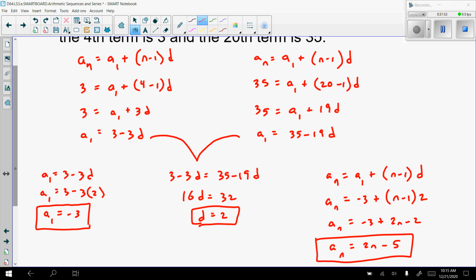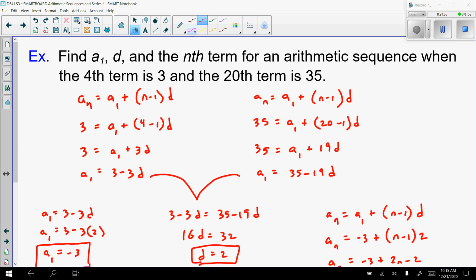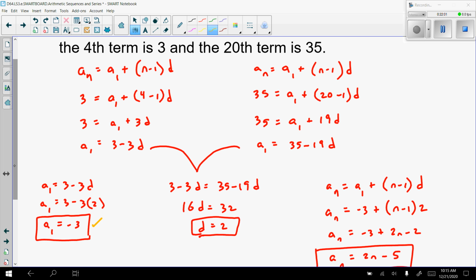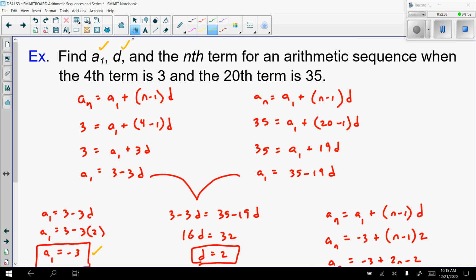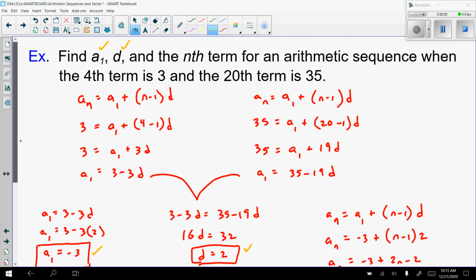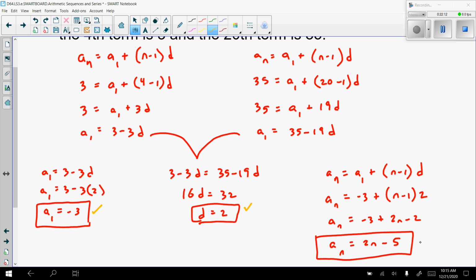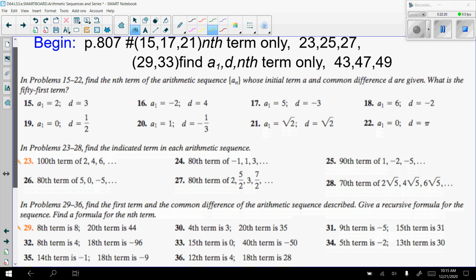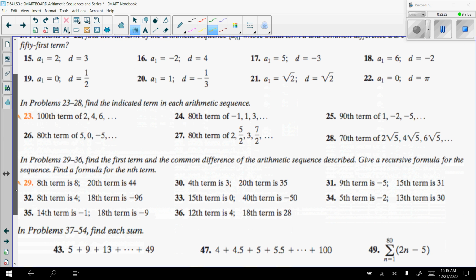So once again, the three pieces of information I was looking for: the a sub 1, which is here, the value for d, which is here, and the nth term for the arithmetic sequence, which is here. Please move on to the next slide. Please begin the homework. Notice that the homework works itself down to here.